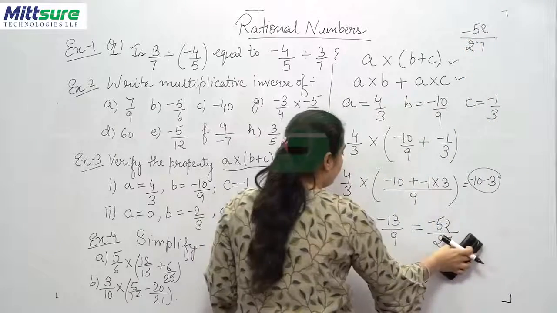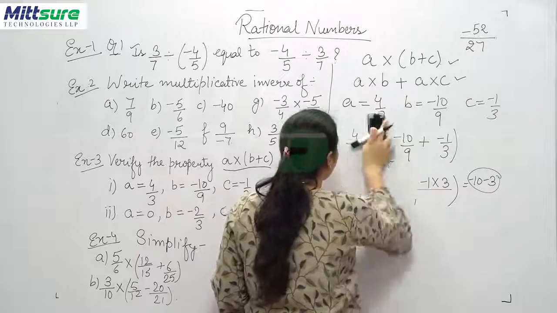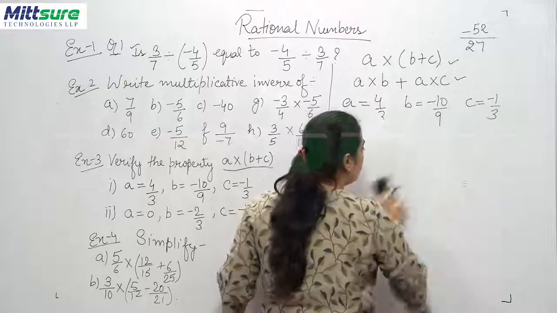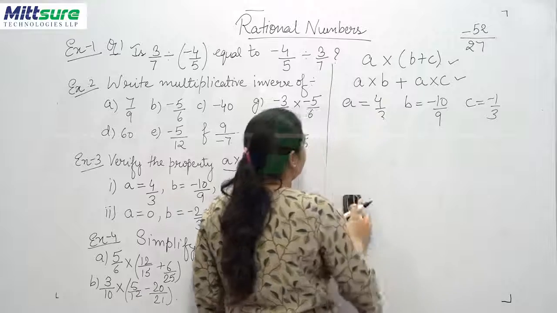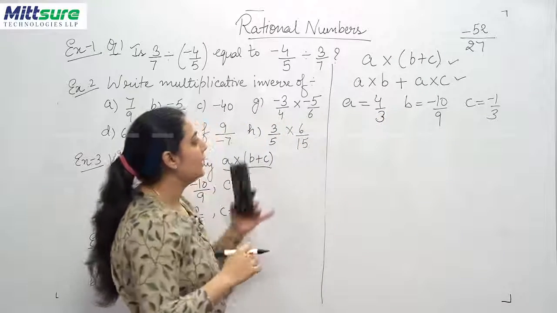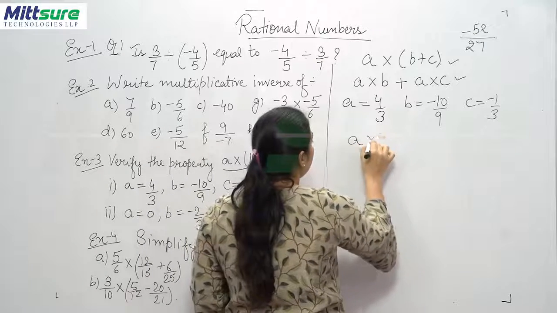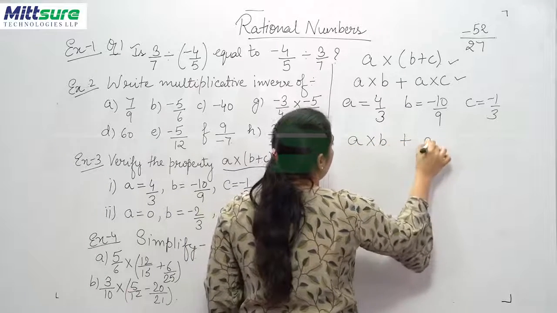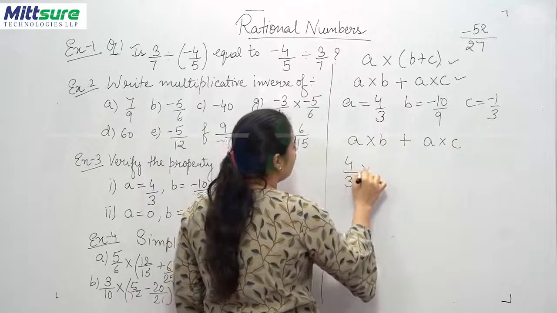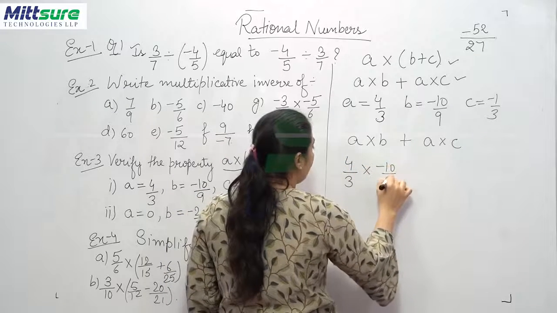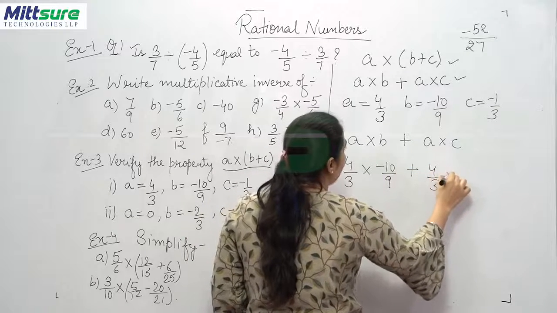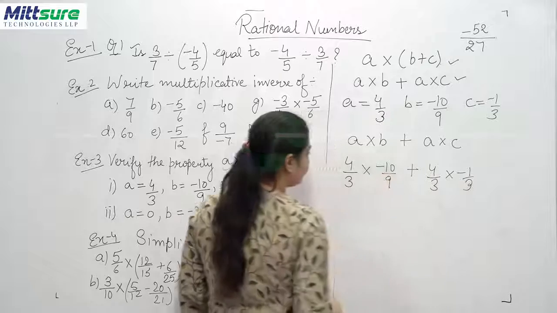And we will check whether the output remains the same when we substitute the same values of the alphabets in the other condition. So let's put A multiplied by B plus A multiplied by C. The value of A is 4 upon 3 multiplied by minus 10 upon 9 plus value of A again 4 upon 3 multiplied by minus 1 upon 3.